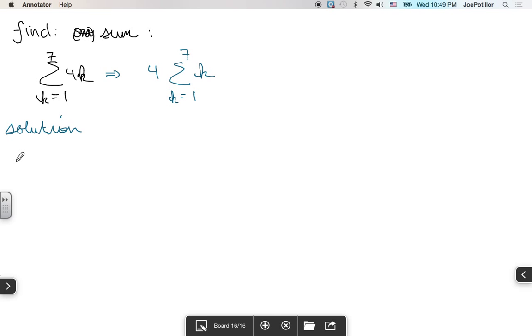So, solution: we factor out the 4, then we add the numbers 1 through 7. That becomes 4 times 1 plus 2 plus 3 plus 4 plus 5 plus 6 plus 7.